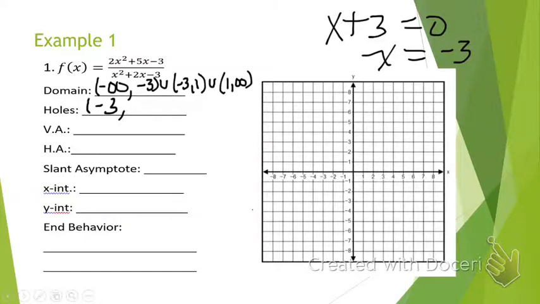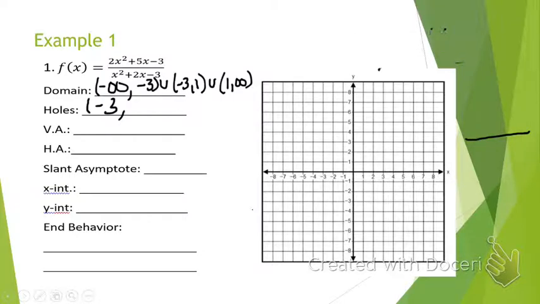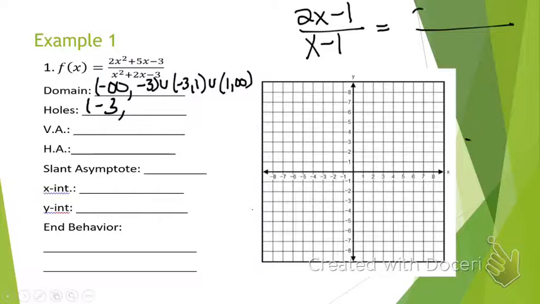The reduced rational function, if you remember, I'm going to erase this and I'll put it up top, is 2x minus 1 all over x minus 1, okay? So we'll take that negative 3 and plug it in. 2 times negative 3 minus 1 all over negative 3 minus 1. What will that equal?